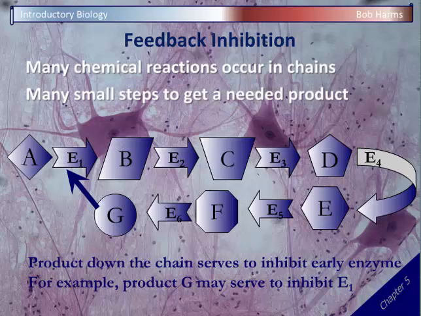For example, when there's no G present, there's no inhibitors, the pathway gets turned on and your cell starts making lots of product G. If there's too much G, it starts to bind to enzyme 1 and it turns it off. Now as G gets used up, you have less and less G. When it breaks free, the enzymes get turned back on and you start making more G. And so that's feedback inhibition, and that's the most common way our long metabolic pathways are regulated.